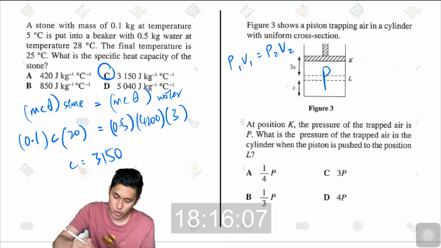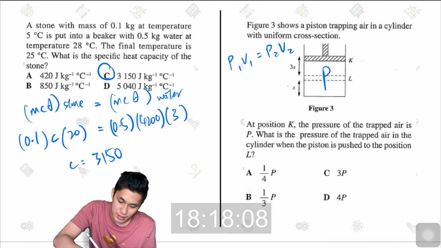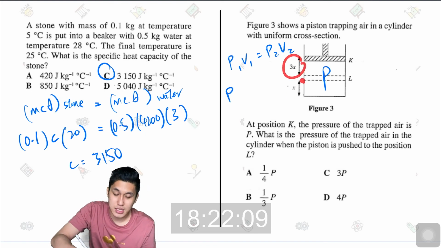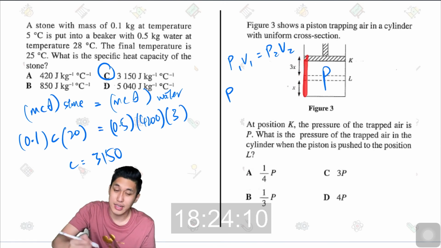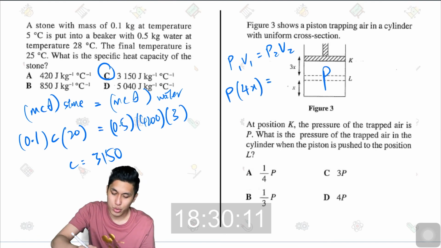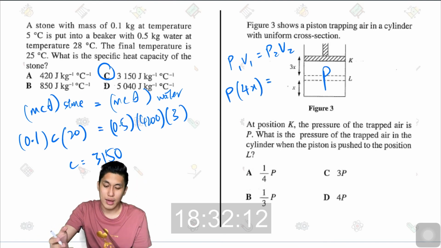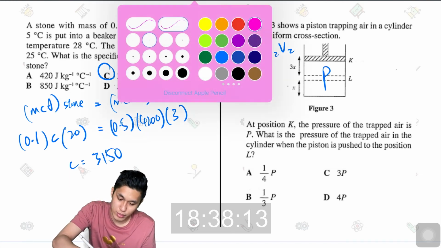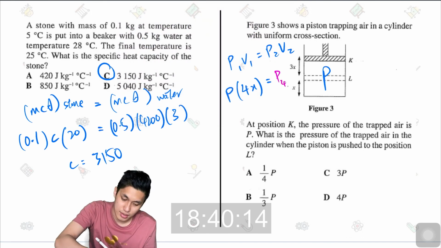So the pressure at K is P. The volume at K is 3x plus x, the whole thing here is 4x. So 4x equals the pressure at L, which we don't know. That's what we're trying to find, right? We're trying to find PL.